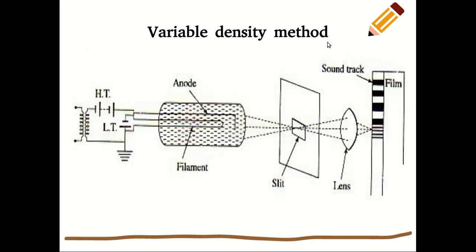Let us see what the variable density method is. In this variable density method, basically a special lamp, what is known as the AEO lamp, is used. This is filled up by a certain quantity of helium. The anode of the lamp is connected to the high tension battery, whereas the central tube, or we can say the filament, is connected to the low tension battery.